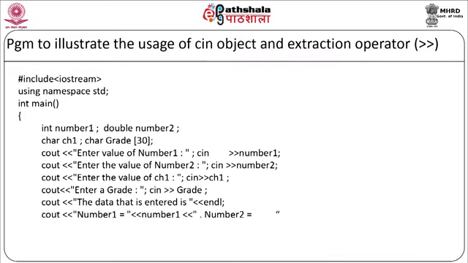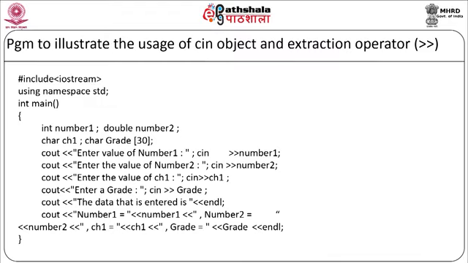Cout "number1 =" enclosed in double quotes, and then the value of number1. Just see this particular cout statement in detail: cout, the text "number1 =", the value of number1, again the insertion operator, "number2 =" in quotes, the value of number2, then ch1 equal to the value of ch1, and grade equal to the value of grade, and endl.